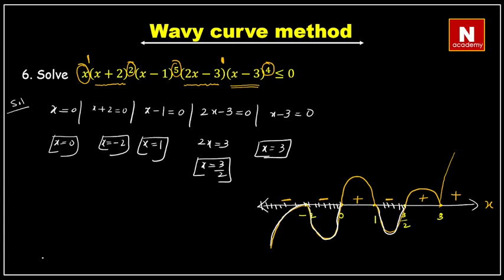Therefore the required region, the answer: x belongs to minus infinity to 0, where 0 is included, that's why closed interval. Union again, the negative part is between 1 to 3/2. Both are included, that's why closed bracket. This is the solution set.